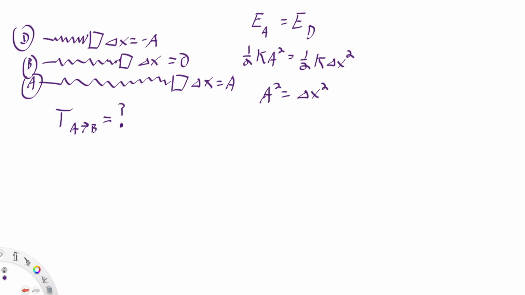Right? Because remember how the work energy theorem is defined. Work is the integral of a force dot a distance. So in general, a conservation of energy analysis will not be able to tell us about time.